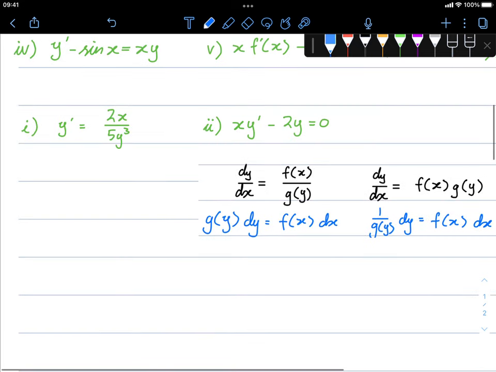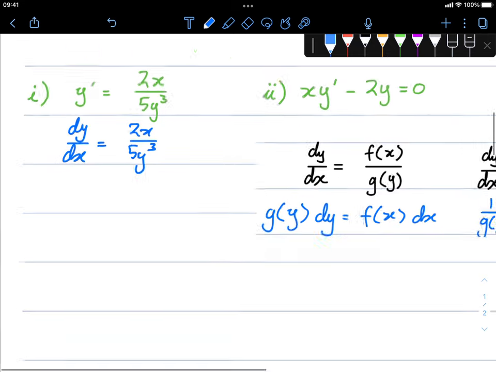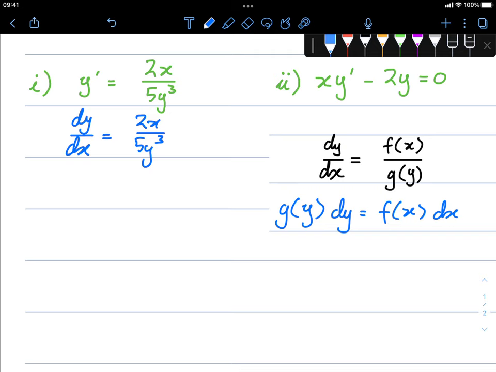So y prime is just a notation for dy/dx, so we can use that instead. We cross multiply, I guess. We can leave it as y cubed dy equals 2/5 x dx.